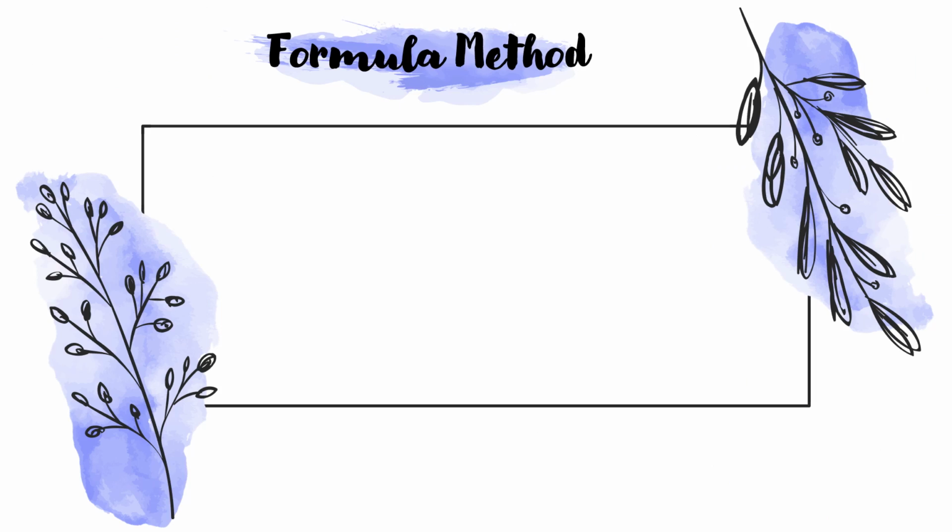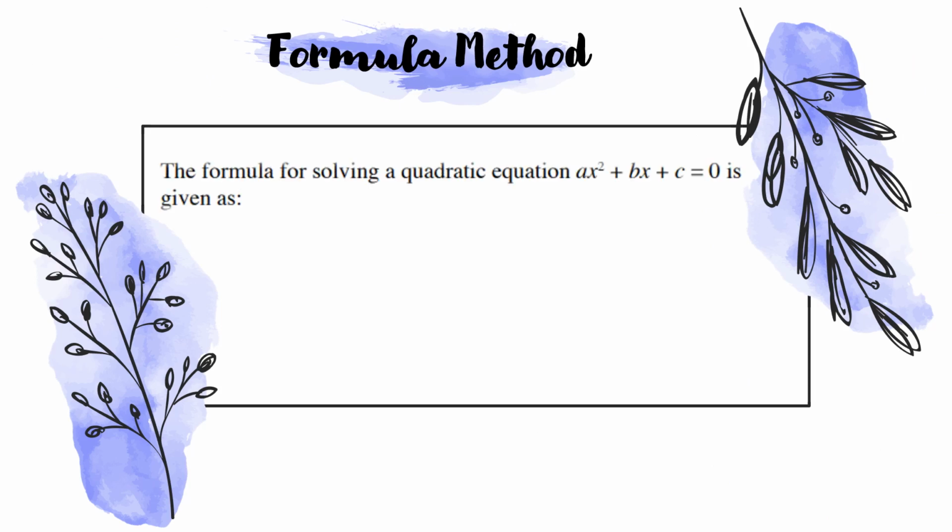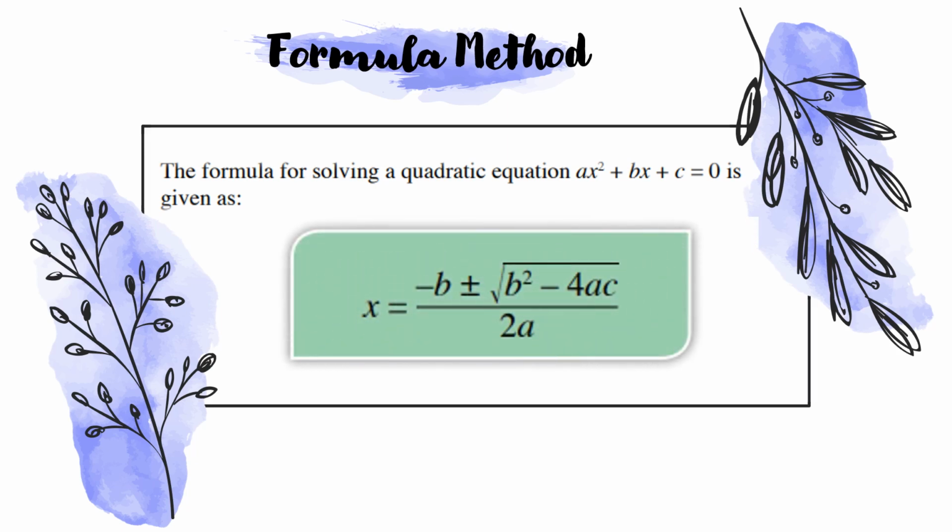Next, the formula method. So this is one of the easiest methods to solve a quadratic equation. You just put it into the formula. So the formula is given as x is equal to negative b plus minus square root of b square minus 4ac, over 2a.